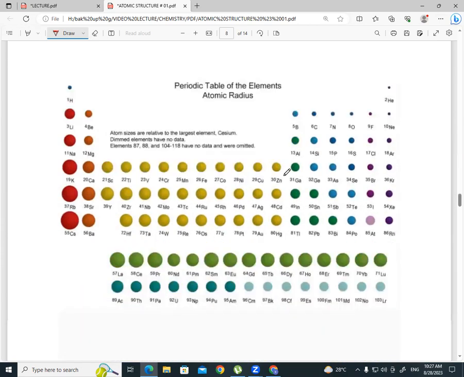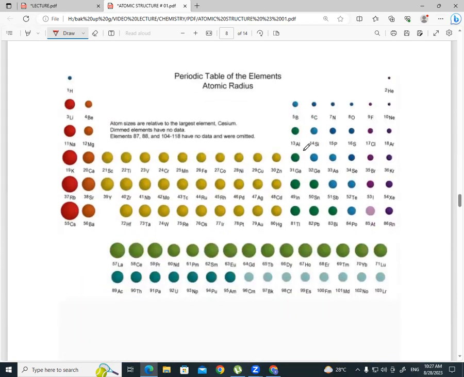So see this, this is a simple animated diagram by which you can realize how the atomic radius changes when we go across the period from left to right, or when we go in a group from top to bottom.